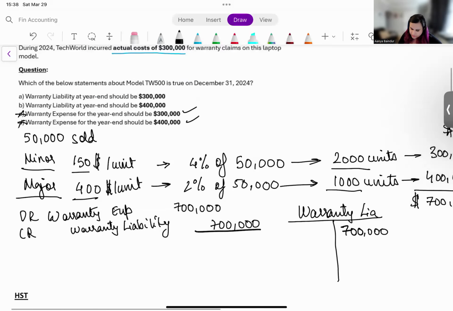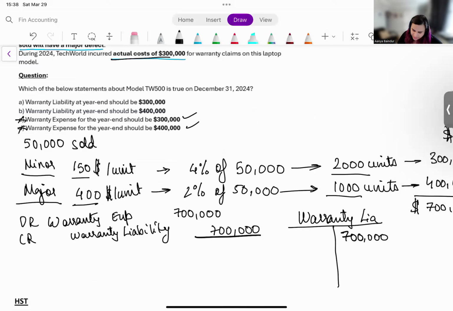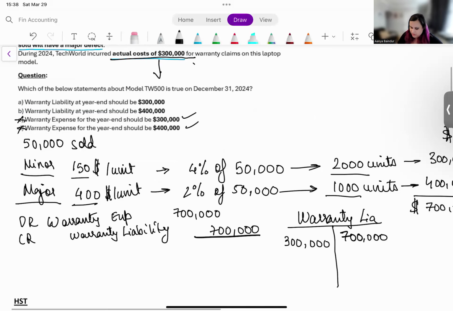At the same time, the question tells us that the actual cost for repairs ended up being 300,000. It wasn't 700,000, but for that particular year, it ended up being 300,000. So let's put 300,000 now. Basically, just to cover it, the journal entries involved are a debit and a credit. The debit would be to warranty liability.